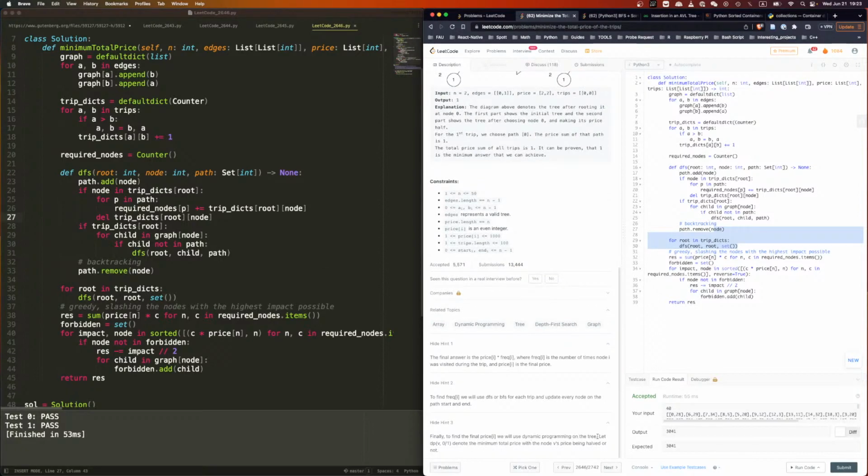Dynamic programming on a tree. Okay, this is the key. Let dp[v], then this, denote the minimum total price, with the node v's price being halved or not.